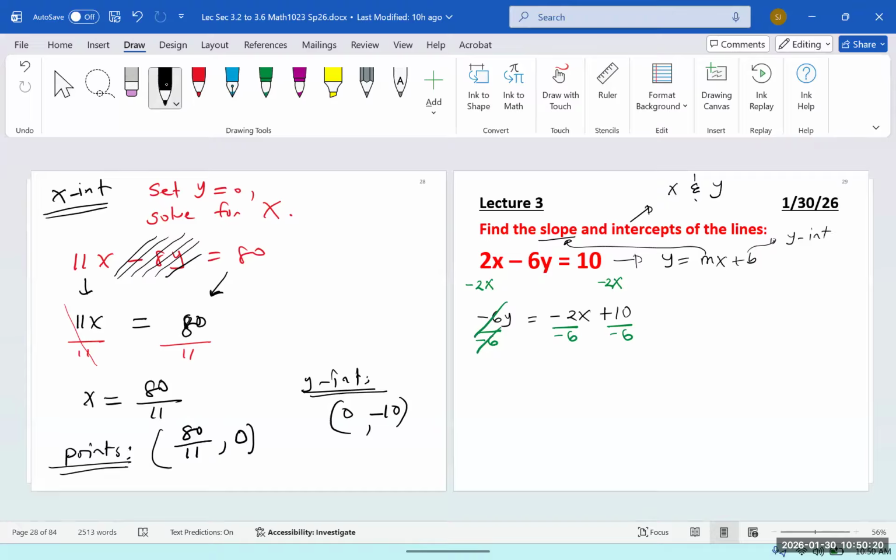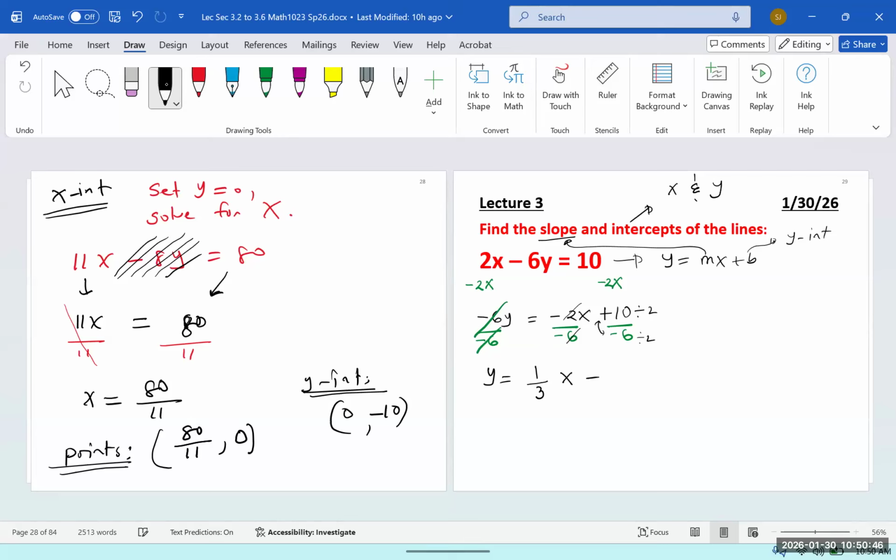So we get y equals, the double negative cancel out, and we can cancel 2 and 6. 2 goes to 6 3 times on the denominator. 2 goes to 2 1 time on the numerator. And we have x. The plus and minus turns into minus, and both of these are divisible by 2.